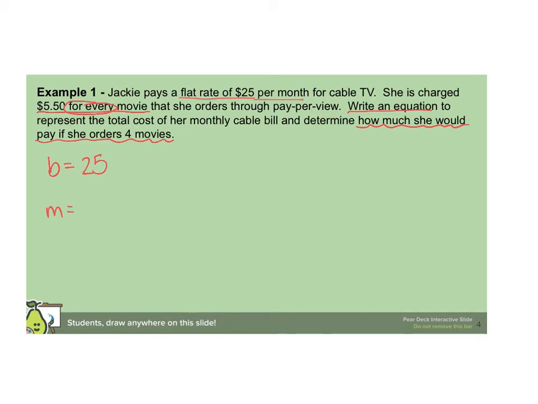That's telling you your bill is going to change by $5.50 every time you add a movie on. So our slope is $5.50. So the equation is y equals $5.50 times x plus the flat rate of $25. That's the equation. That's the first part of the answer.